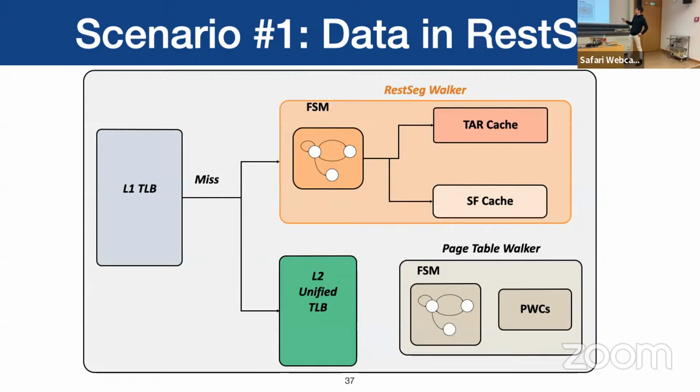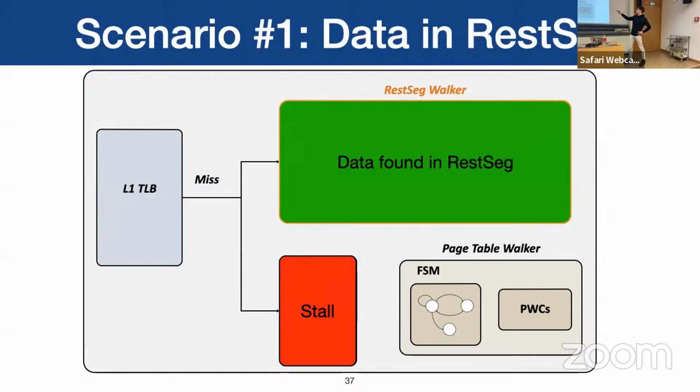So the flow is now the following. We first query the restrictive segment walker. And meanwhile, we can decide to stall the L2 unified TLB to save some energy, or we can look it up in parallel. But if we stall it, then there is the case where the page is in the restrictive segment. So in this case, we immediately get it from the restrictive segment walker, and obviously we don't have to access the page table walker.